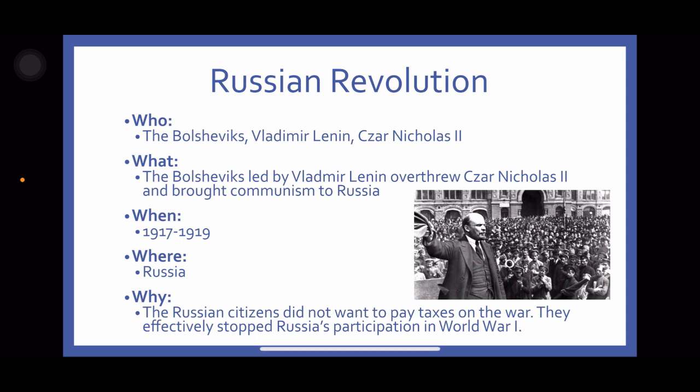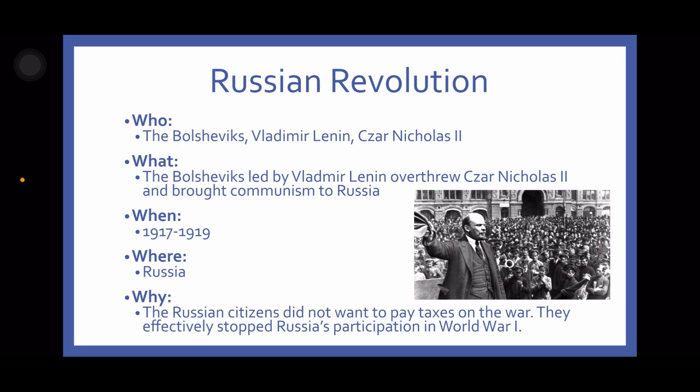So to start with, it talks about who, what, when, where, and why for the Russian Revolution. Make sure you know. The Russian Revolution was between Bolshevik Vladimir Lenin and Tsar Nicholas II, right? The Bolsheviks were led by Vladimir Lenin, who overthrew Tsar Nicholas II, and he brought communism to Russia.